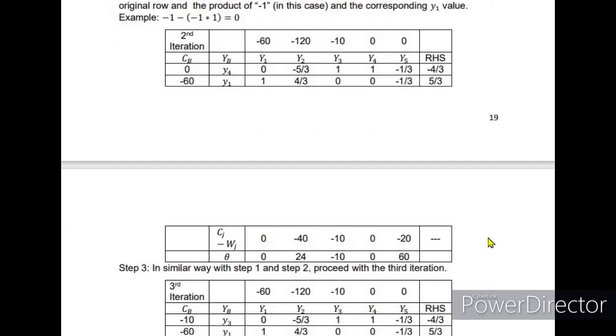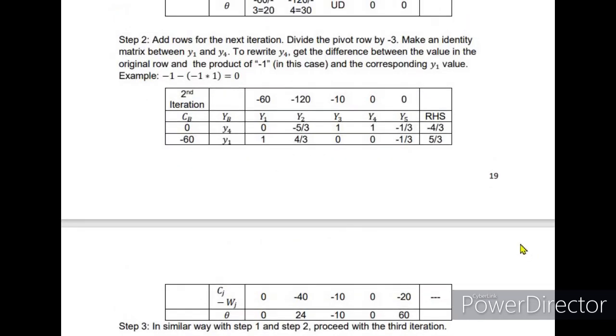Then next step, we will just do the steps in step 1. So now we will choose the row with the most negative, which is this, row y sub 4. Then we will compute for the theta here. To compute for the theta, you notice that there are already the values of cj minus wj.